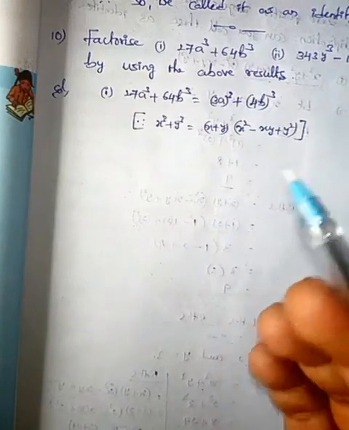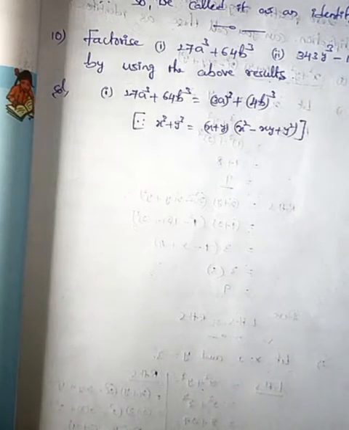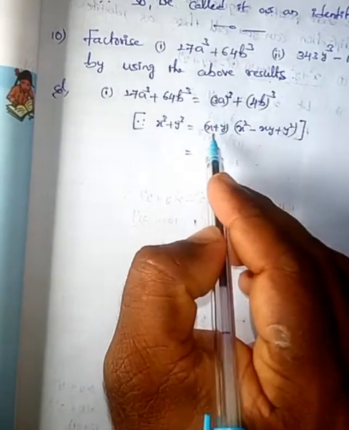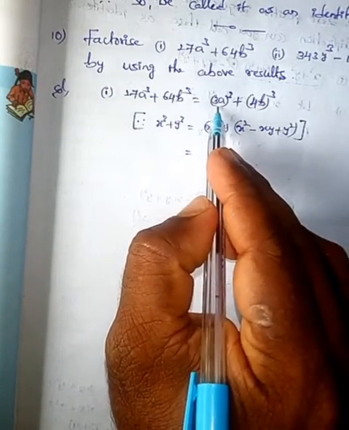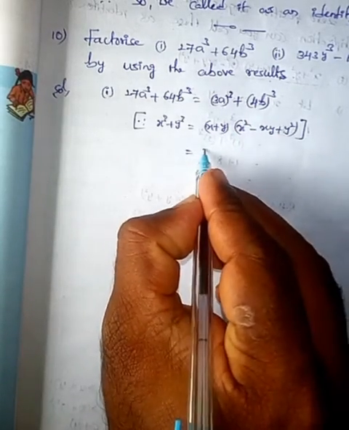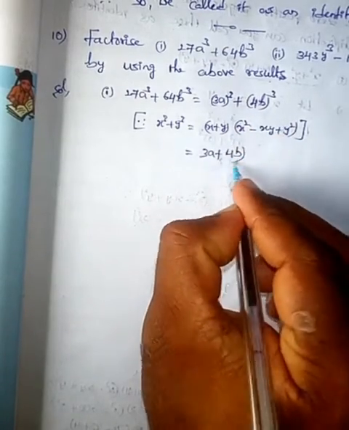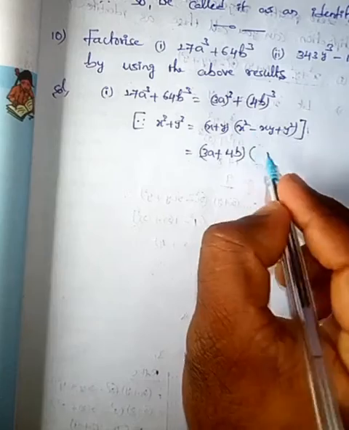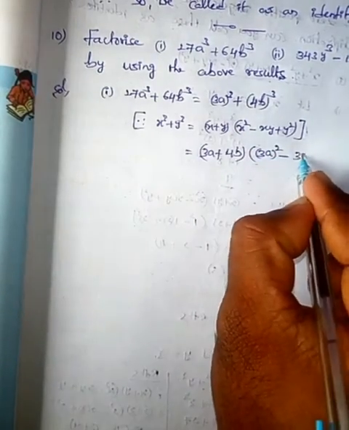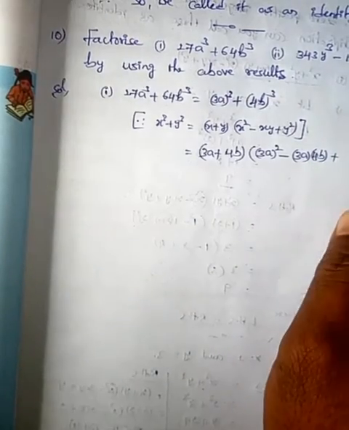So factorization is nothing but we can write the given polynomial as a product of two or more polynomials. Okay, so expand this by using this formula x plus y. At first x is 3a plus what is y? 4b into next one, x square, that is 3a whole square, minus xy, that is 3a into 4b, and last one, y square.